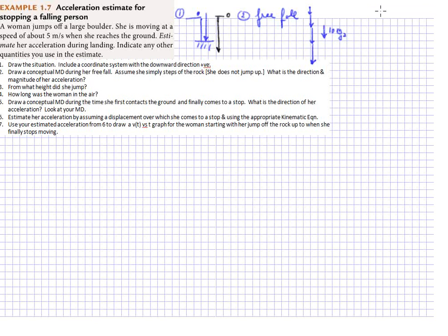From what height did she jump? I'm going to use the kinematic equation without time that says Vy squared is equal to Vy naught squared plus 2a sub y delta y.